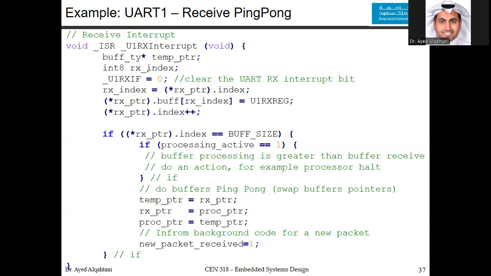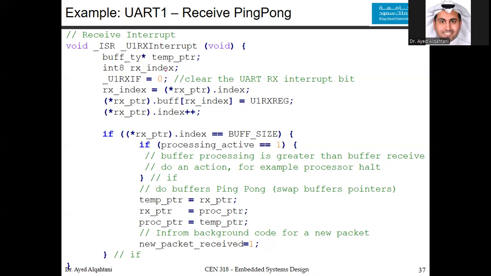You go here. There is some initialization. One of the important things, and one of the jobs of the programmer, is to clear this flag. Actually, when this flag is equal to 1, you go through the ISR only at that event. So now we clear it, and we need to define a temporary receiving index.